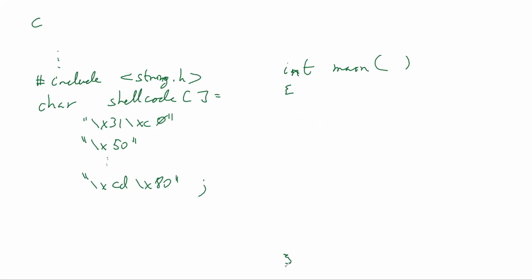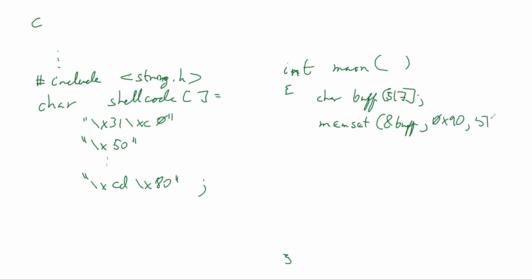Okay, so you're going to need a buffer that you're creating, buff of size 517 or so, right? And then you got the whole bat file thing. I'm going to skip that. I'm only going to focus on the parts that have to do with setting the buffer. So if you do memset, that's a buffer, you're referring to that buff. And then you memset it to 0x90, which is the no-op, for the entire length of it.